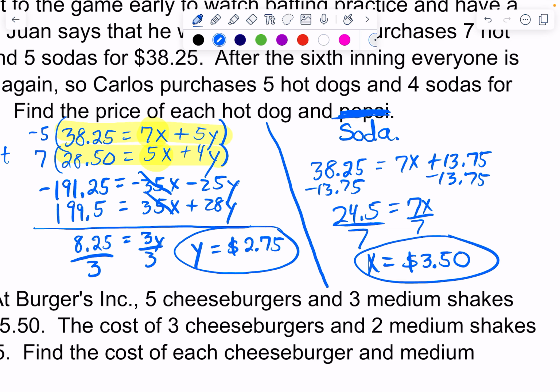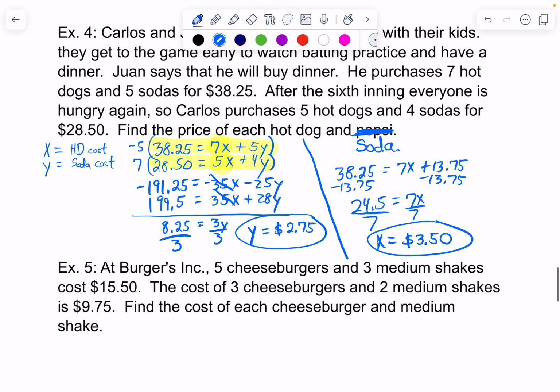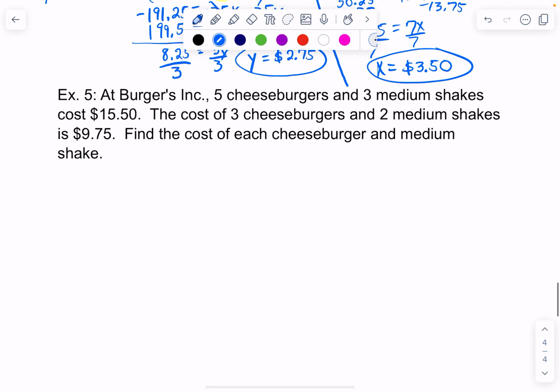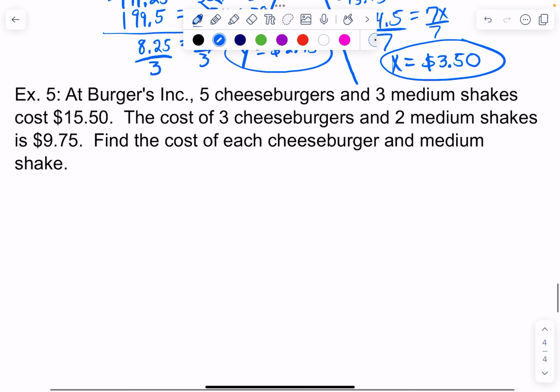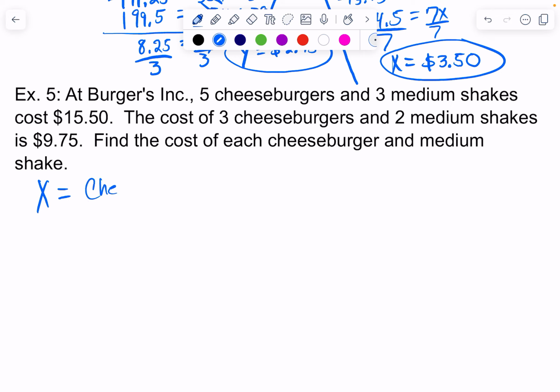Bam! And last but not least, at Burgers Inc., 5 cheeseburgers and 3 medium shakes cost $15.50. The cost of 3 cheeseburgers and 2 medium shakes is $9.75. Find the cost of each cheeseburger and medium shake. First things first, let's label. So I'm going to call X the cost of each cheeseburger.